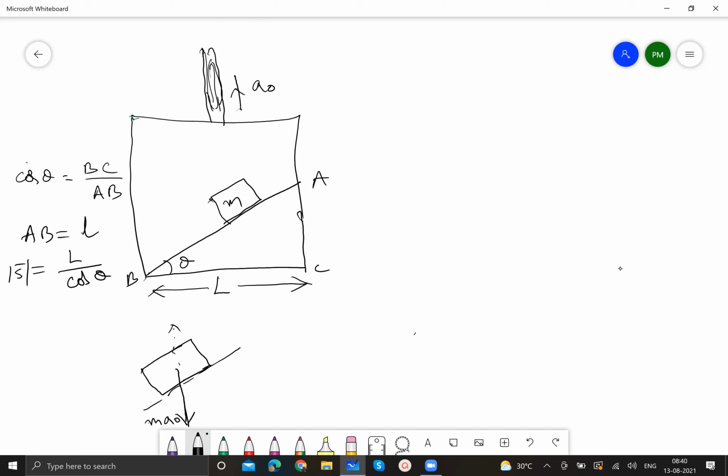I think you are getting it. Remember, this block will be pressed by this inclined plane in the upward direction. As a result, there will be a reaction acting in the downward direction on this block. That is m into a naught. In addition, the weight of the block is acting in the downward direction.